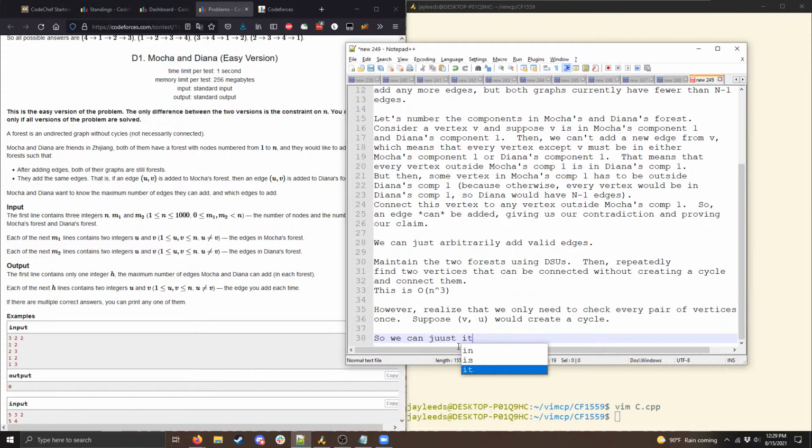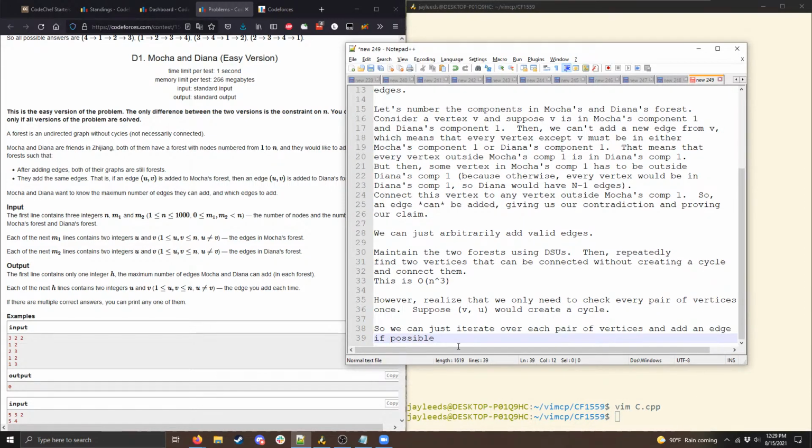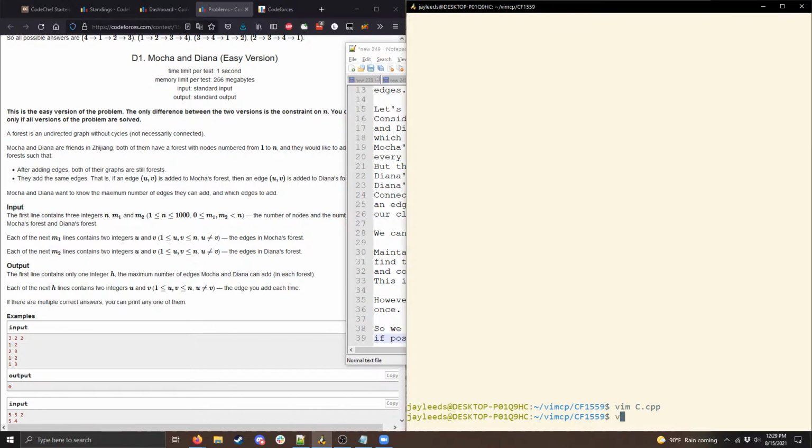So we can just iterate over each pair of vertices and add an edge if possible. It turns out the simplest possible greedy algorithm is enough to get a C.